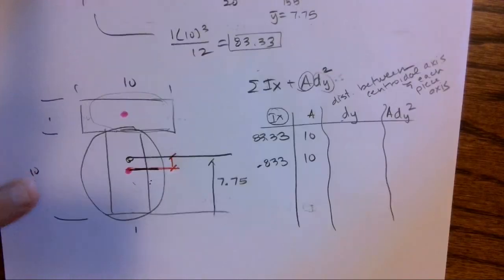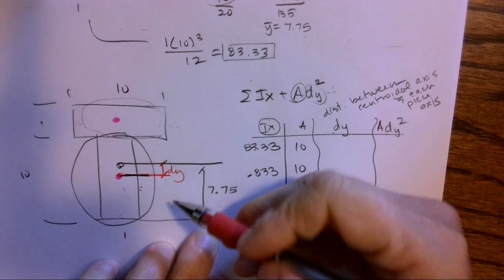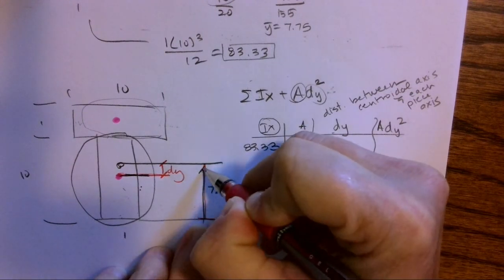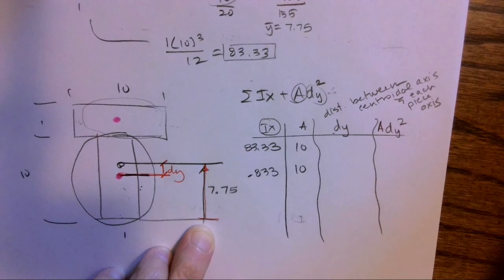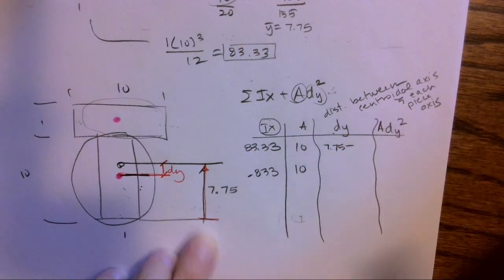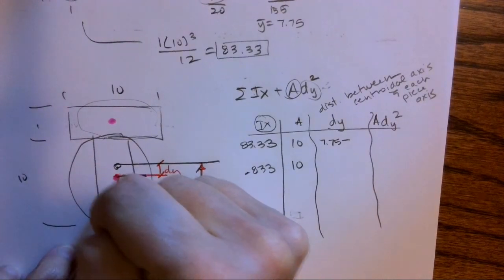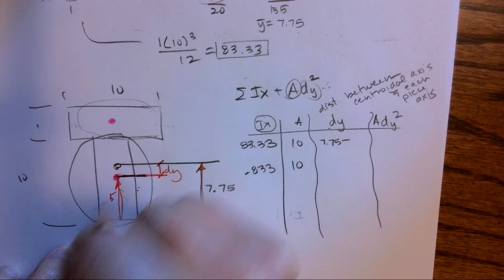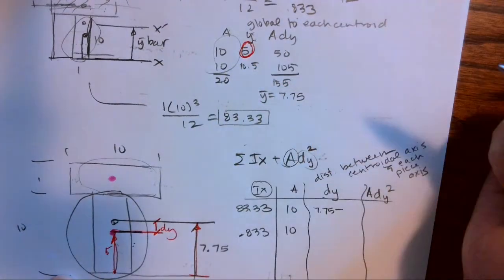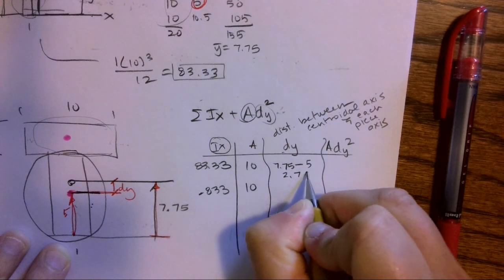And the easiest way for me to do this is I know that from global to centroid of the system is 7.75 minus, I know from global to centroid of piece, it is 5, okay, which is the number that I have right here. 7.75 minus 5 is the distance in between.